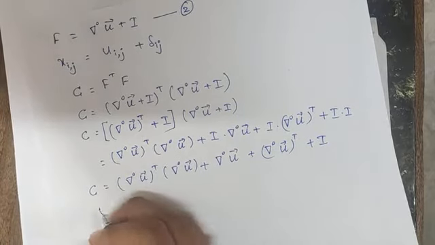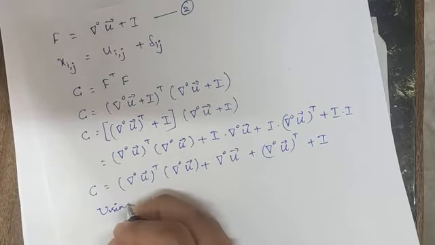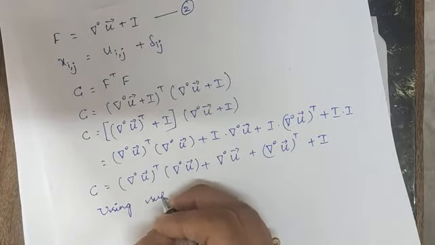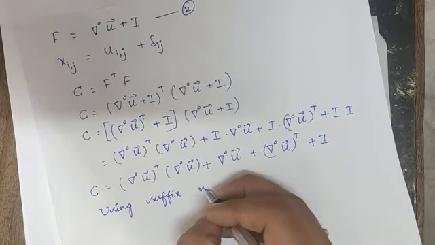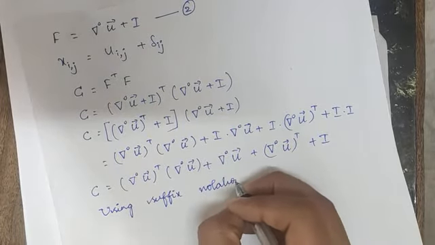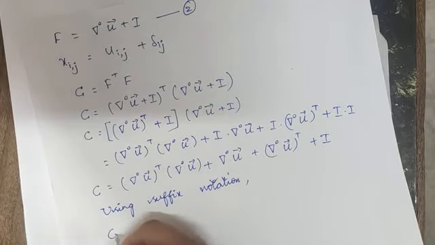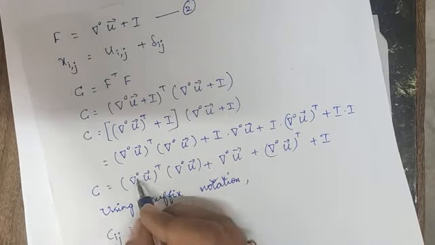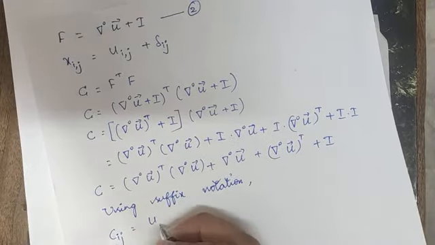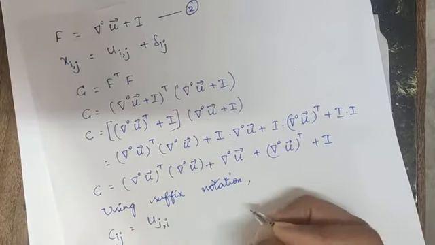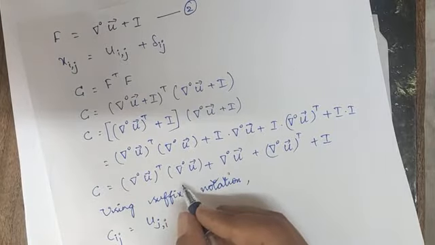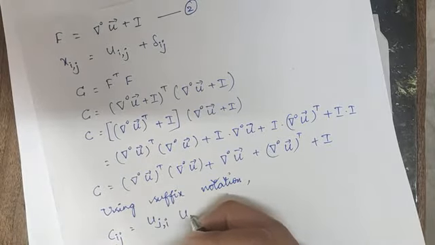C ij is equal to, del naught u transpose means u j comma i, and del naught u is u i comma j.